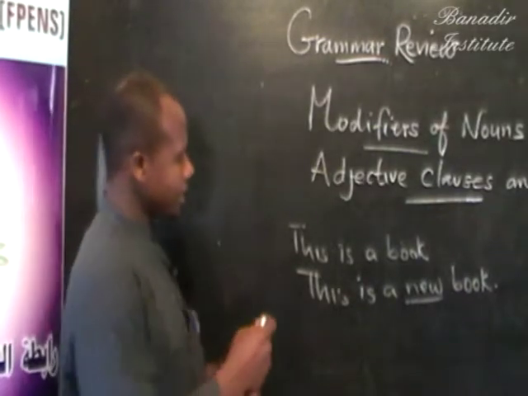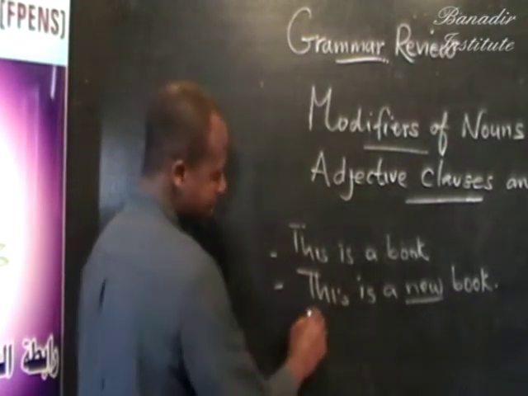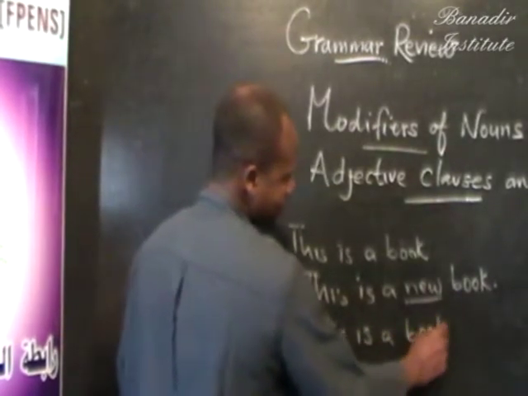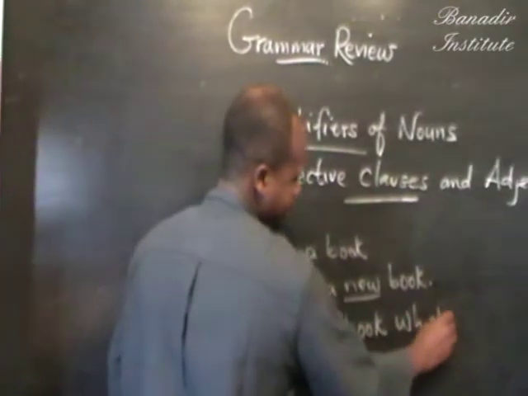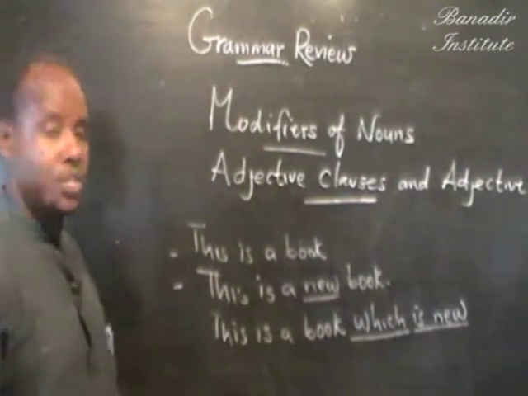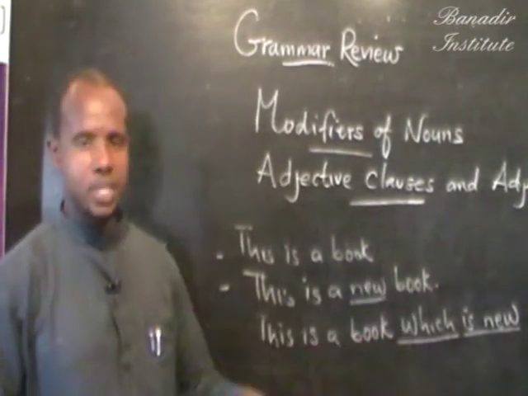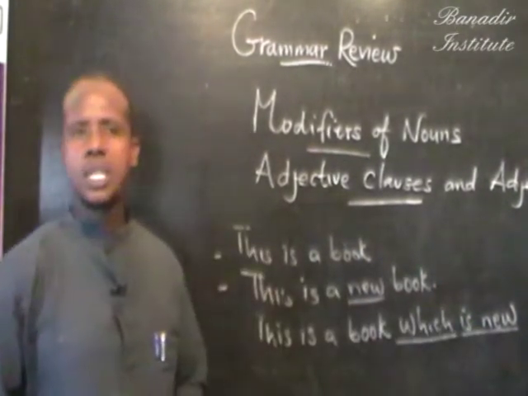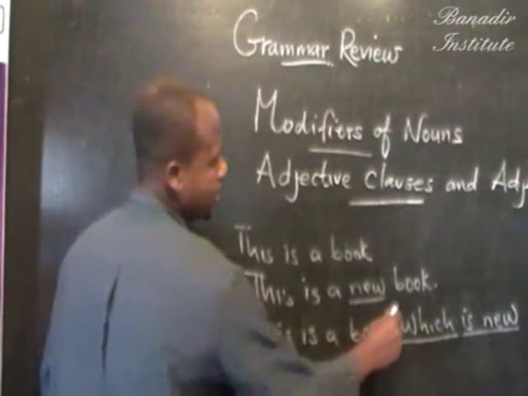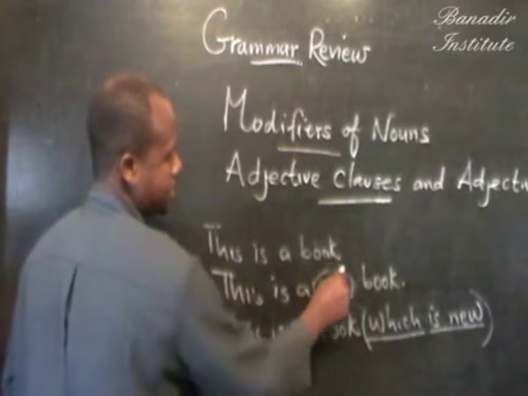For example, instead of saying this is a new book, I can say, this is a book which is new. Which is new, I have three words, and which is new is doing the function of the word new.